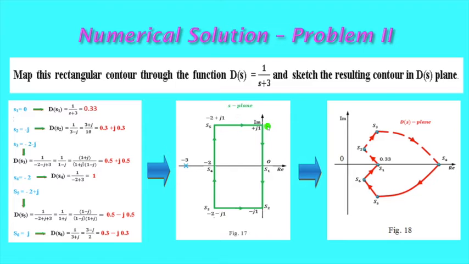Then consider S6. S6 is plus j1. So put plus j1 in this equation. Then this answer is 0.3 minus j 0.3. S6 point. This is positive 0.3 and this is negative j 0.3.